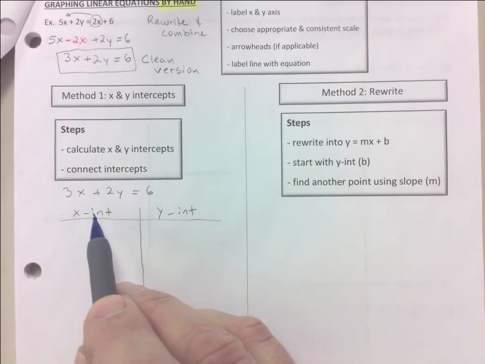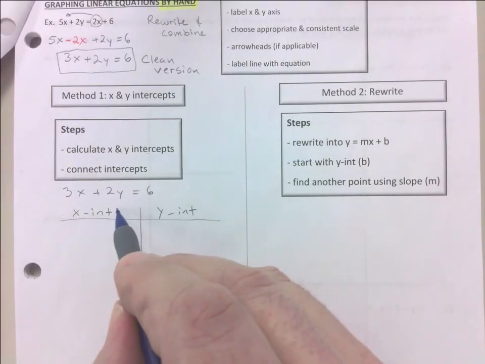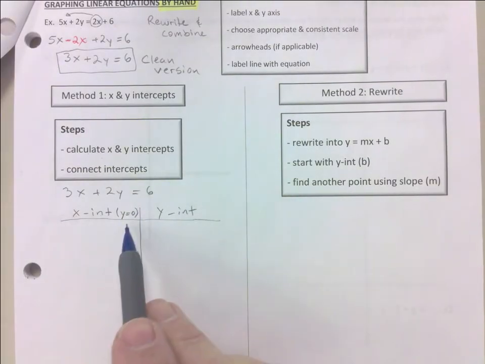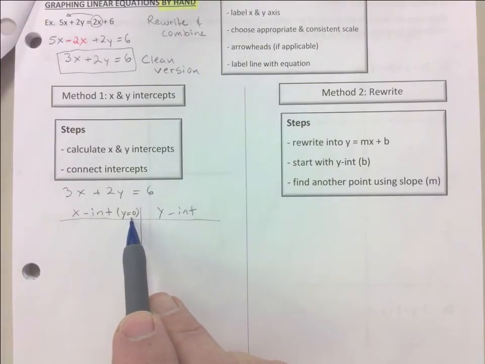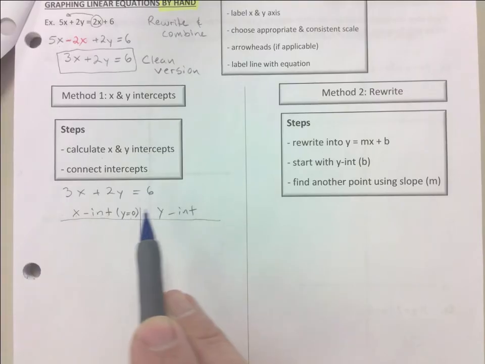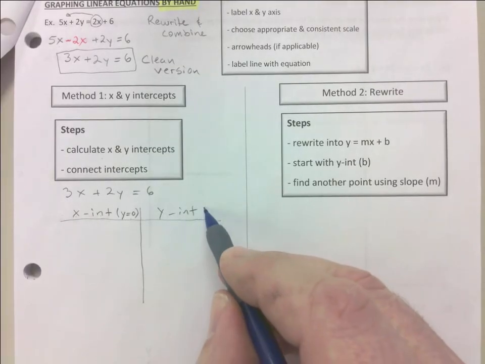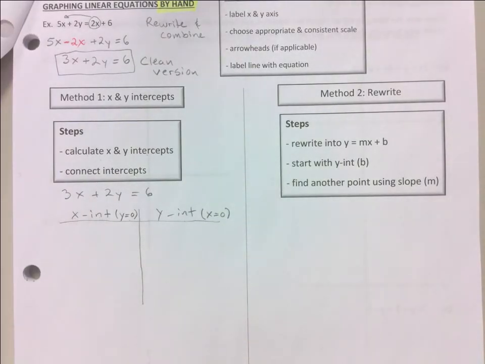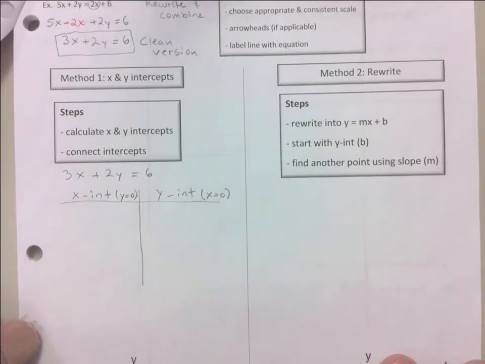When you're trying to find the x-intercept, you let y equal 0. When is it touching the x-axis? When y is equal to 0. Similarly, when you're trying to find the y-intercept, you let x equal 0, and then you figure out what y is. Okay, so that's the order.